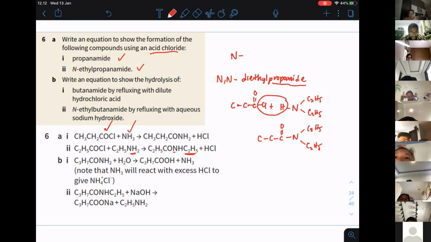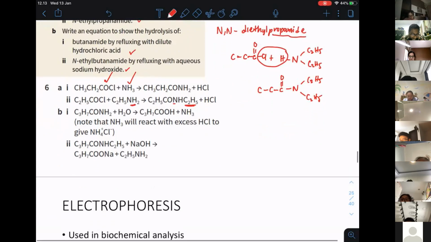Now do remember when they say dilute hydrochloric acid, okay, when they say sodium hydroxide, this is under the assumption not in excess, but you still normally need to proceed. For example, you see here they didn't say excess here.